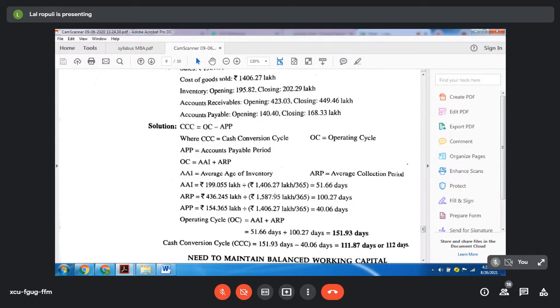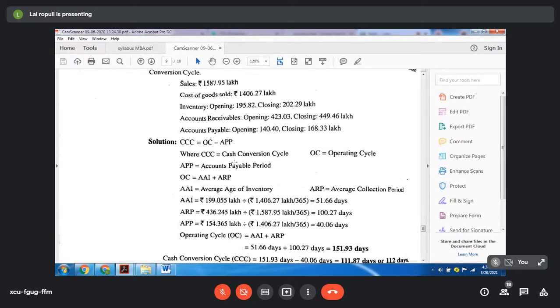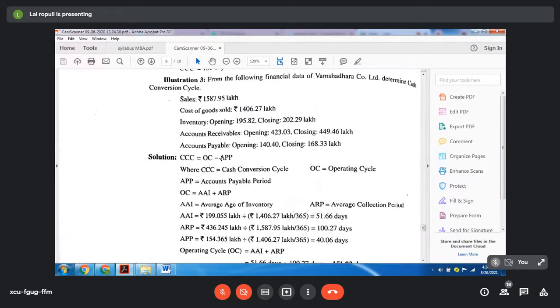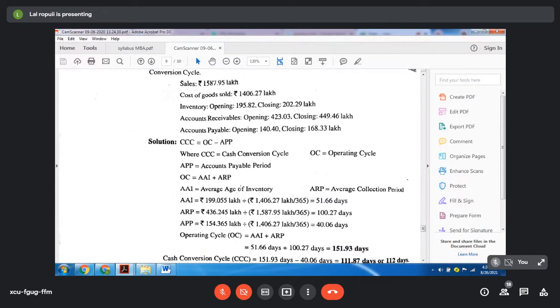So how to calculate the cash conversion cycle? Cash conversion cycle is operating cycle minus APP, that we already know. Operating cycle is average age of inventory plus accounts receivable period. Let us calculate the average age of inventory.